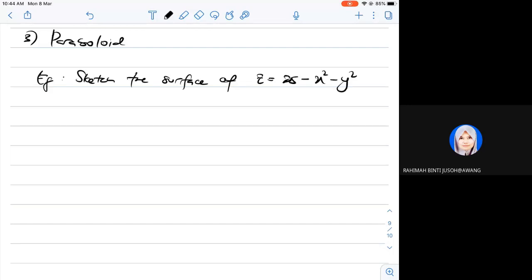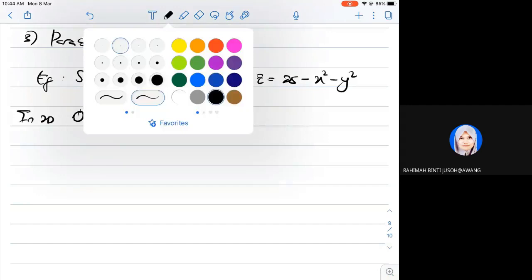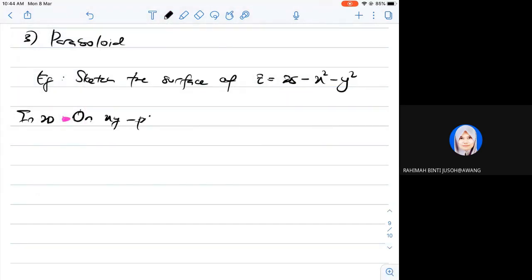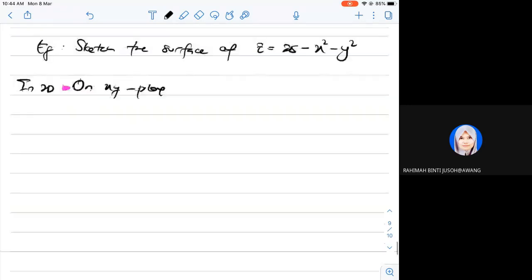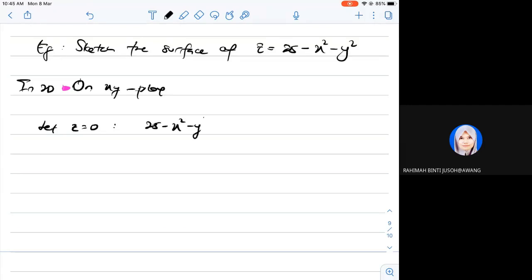Okay, let's say on xy plane, saya nak let z, okay, first I will let z equals to 0. We know that z is the height, isn't it? Okay, let z equals to 0. So we will have 25 minus x squared minus y squared equals to 0.